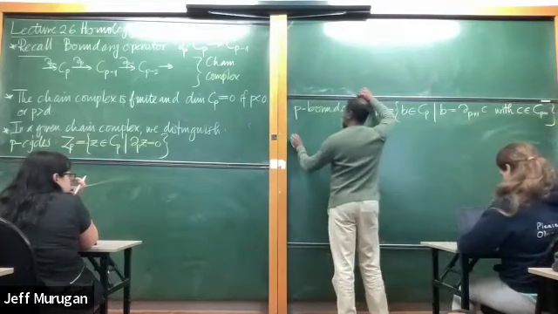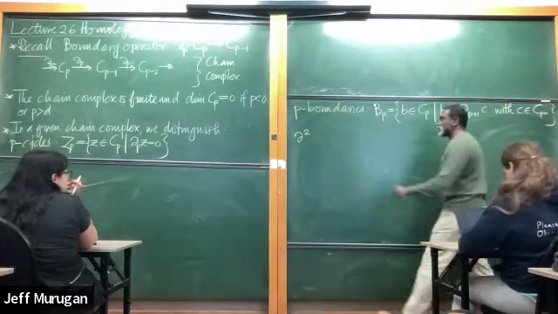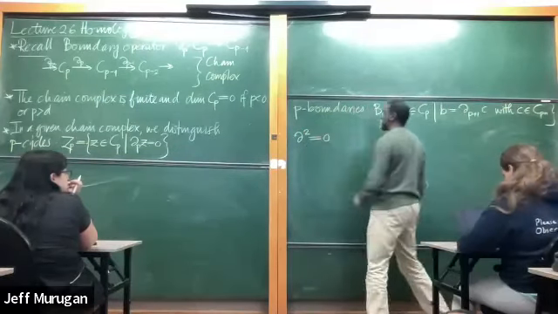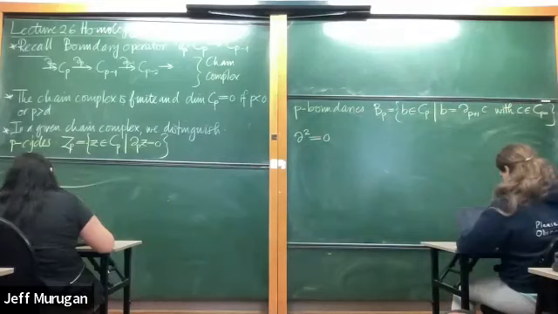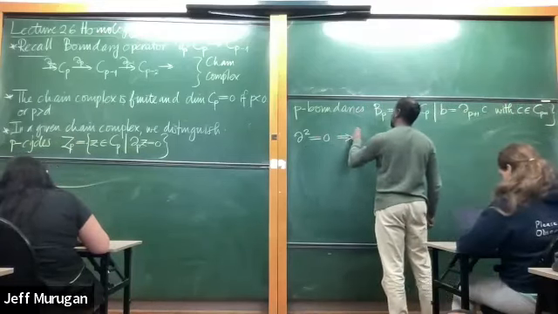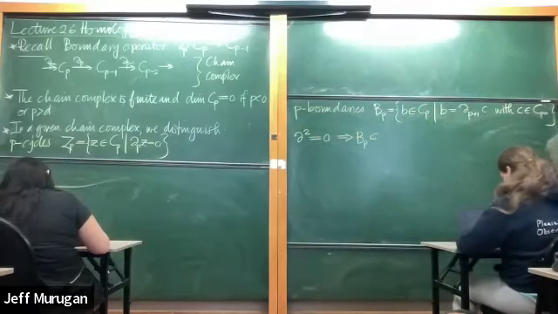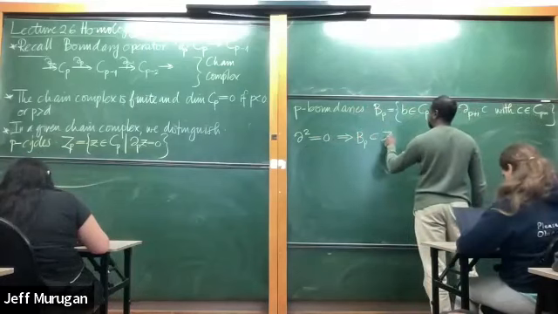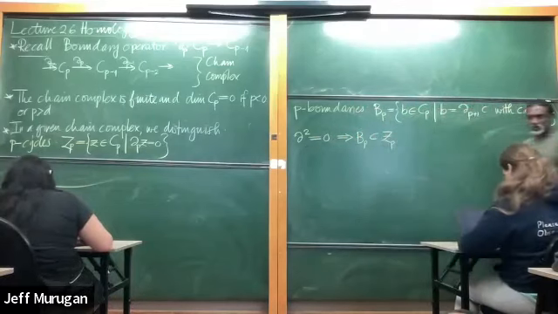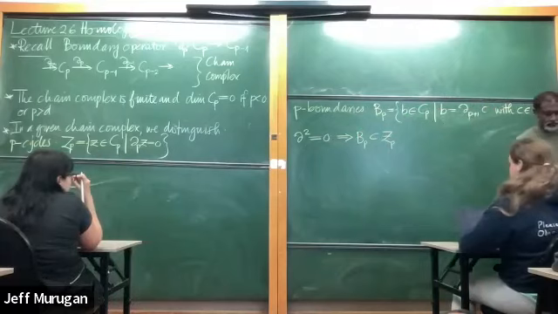And then, as usual, it's the fact that the boundary operator is nilpotent, that is, d squared is 0, boundaries don't have boundaries, means that the set of boundaries is a subset of the set of cycles. In other words, any boundary is a cycle. The real question becomes, when is a cycle a boundary?